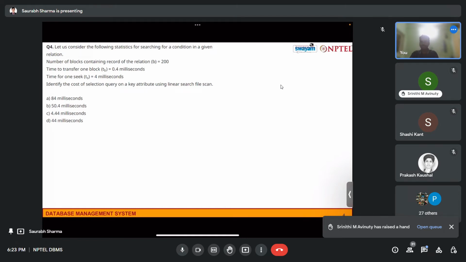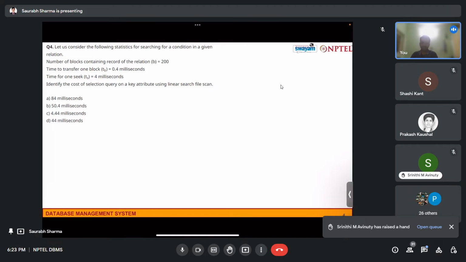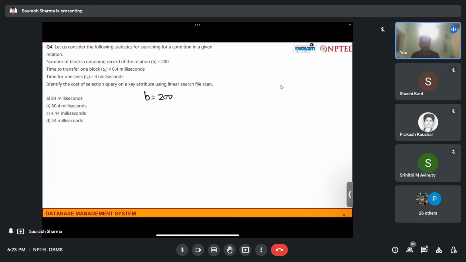So, there is a simple question regarding this block, and there is a key attribute. We have to perform a linear search file scan. The number of blocks containing records, that is BR, is 200. Then TS, the time for one seek, is 4 milliseconds.